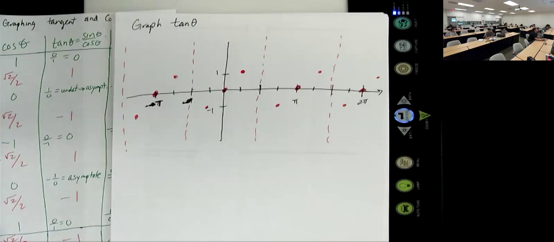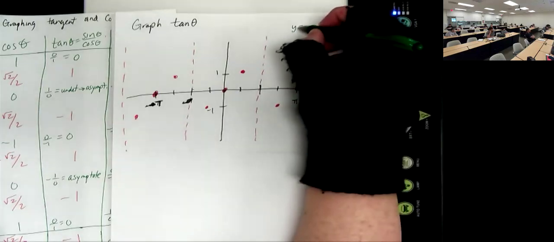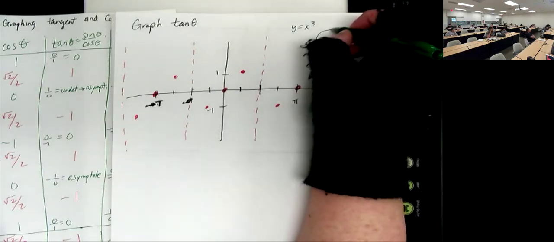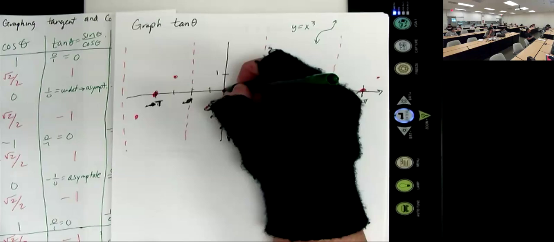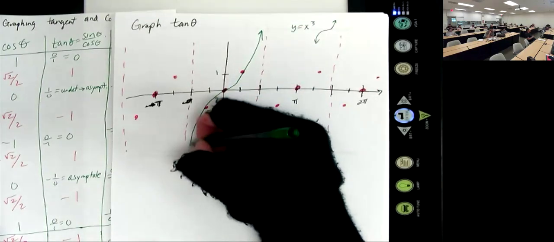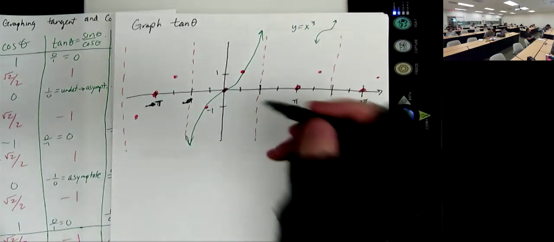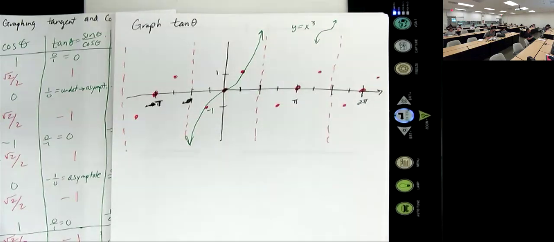You all remember what x cubed looks like? Y equals x cubed does something like this. So does tangent. If you do the pi over 3 and pi over 6's, you'll see that that's how it does it.